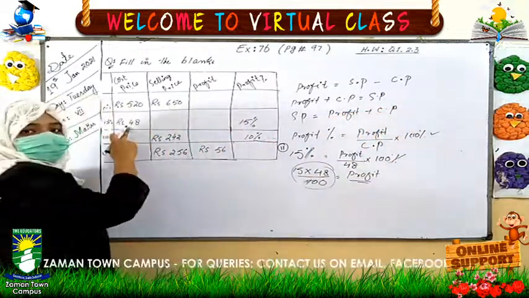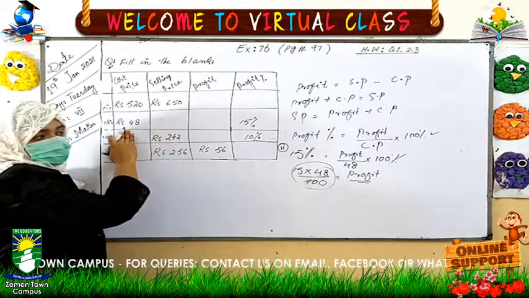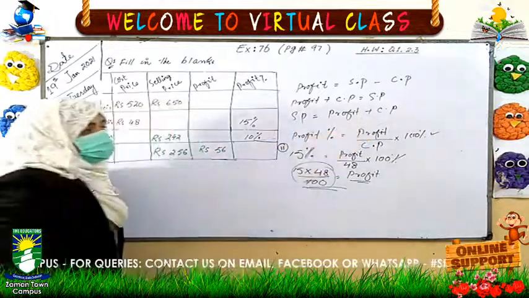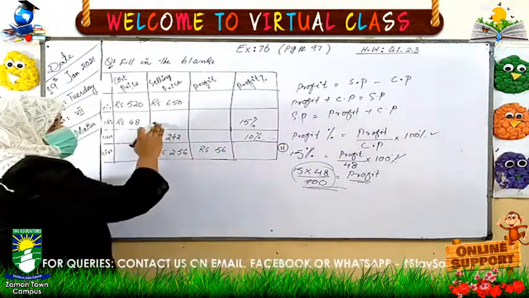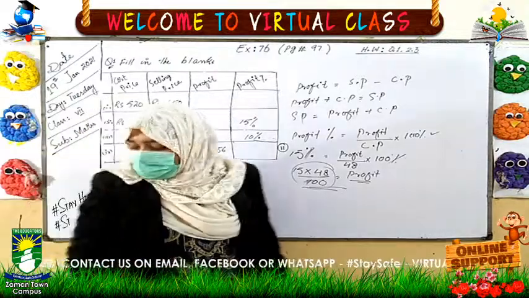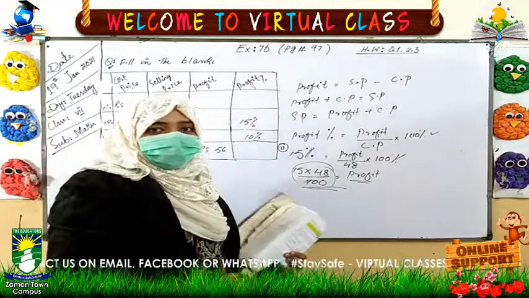Cost price is given in your question. You will find your profit from here. Trace your values and add up these two values. You will get your value of selling price. You will solve it by yourself. I am not solving it here because we have done these types of questions in exercise 7A.